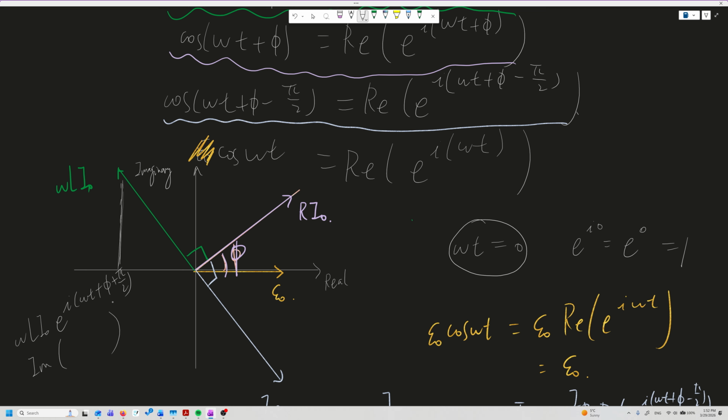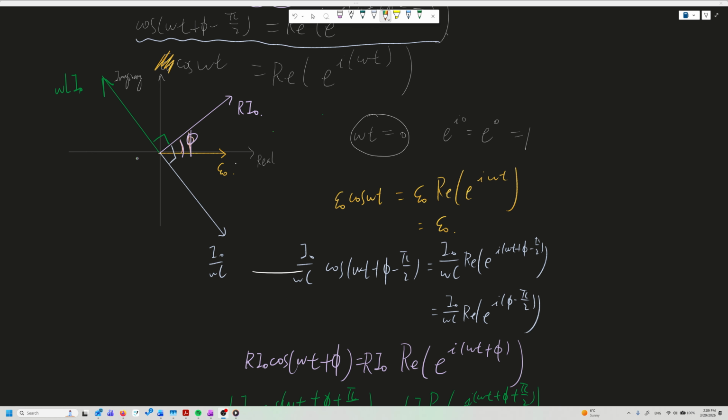And what about the real part? The real part of this expression is just the horizontal length, and the horizontal length is the quantity that we care about. But then we need to write both so that we can graph this sinusoidal function as vectors on the complex plane.